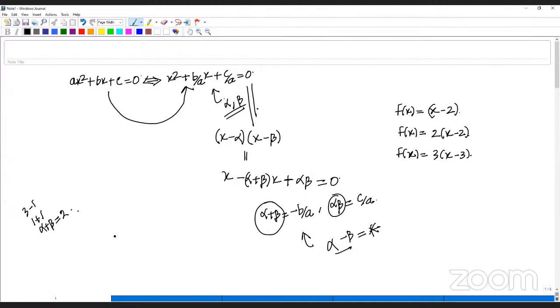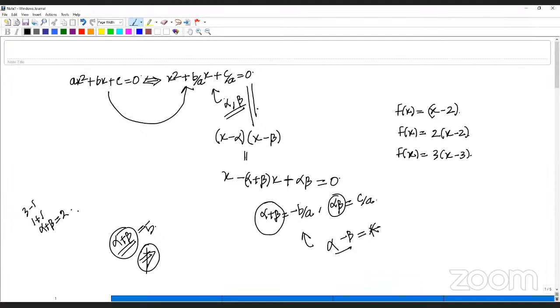Simply by knowing the value of alpha plus beta, you cannot conclude anything. If alpha plus beta is, let's say, 5, alpha can have so many possibilities and beta can have so many possibilities, so you cannot pick any one of them.